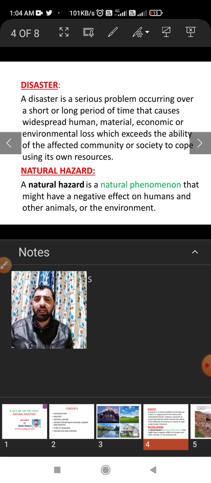So what is a natural hazard? A natural hazard is a natural phenomenon that might have a negative effect on the humans, animals, materials, and on the environment. So, technically speaking, this negative effect of a natural hazard is what we called a disaster.